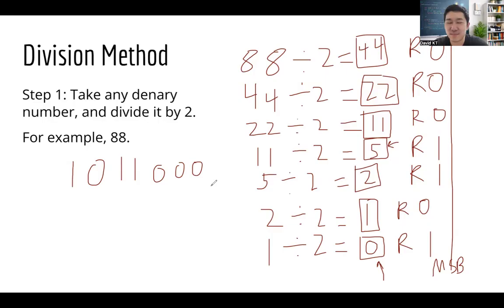Okay? Notice how many bits are here? 7 bits. I generally prefer having binary numbers in multiples of 8, just because 8 bits makes 1 byte. If there are 7 bits, it's easy to do. Just add one leading 0 at the beginning. So this is called a leading 0.